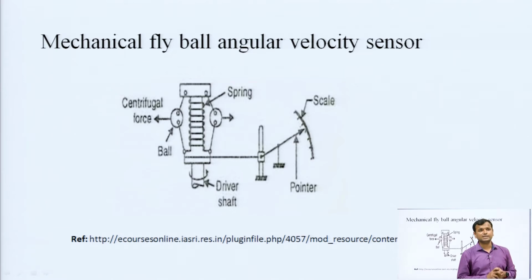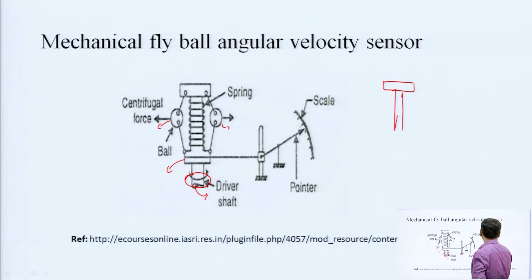Now, in this arrangement, you can see these are the two balls, or the two weights, and this encircled part is the driver shaft. When this shaft is in a stationary position, the arrangement is like this.